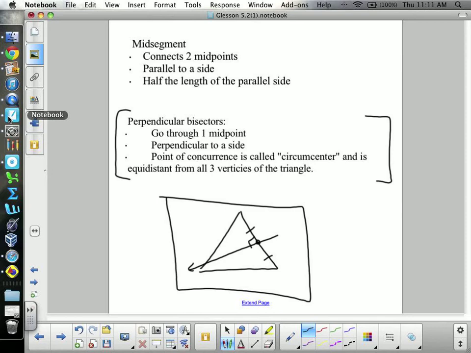On the back, you then know it's a perpendicular bisector. It goes through a midpoint. It is perpendicular to a side. The point of concurrence is called the circumcenter. That's what we call where all three lines intersect, a point of concurrence. They're concurrent. They're the same place at the same time. That's what concurrent means.